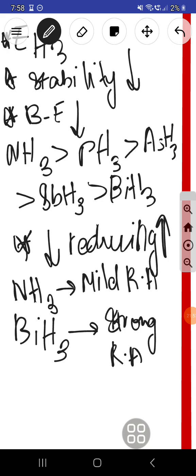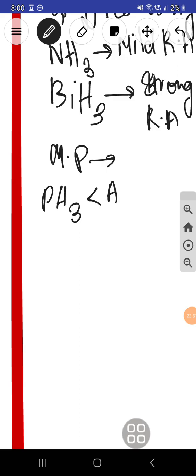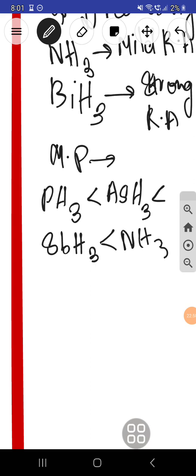So the order of the melting point is as follows. Then the boiling point.